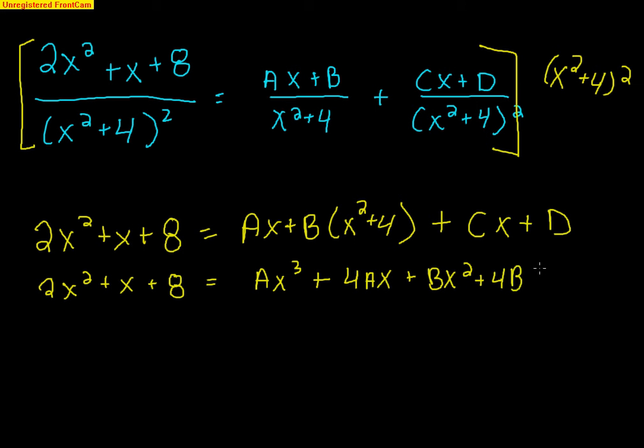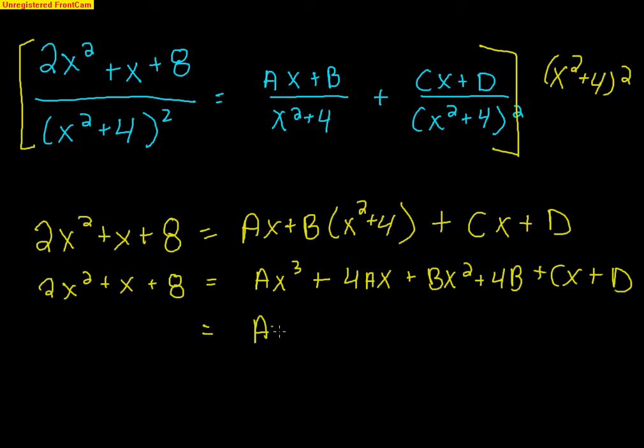And then we carry everything down, so we get plus cx plus d. It would be ax cubed plus bx squared plus 4ax plus 4b. Oh, sorry, my bad. You can actually combine a few things.